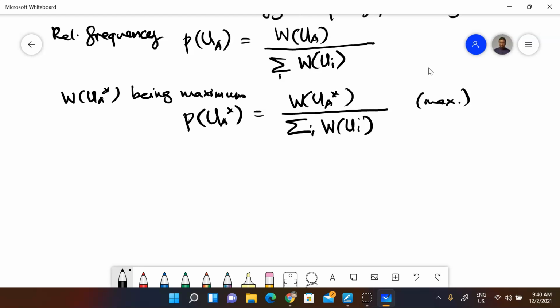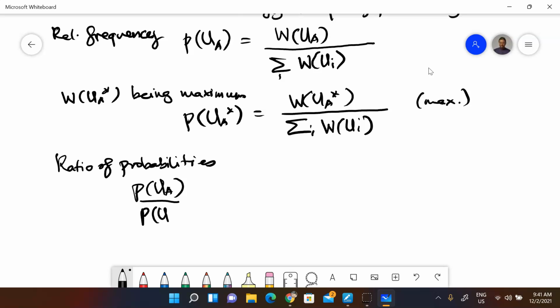So if you take the ratio of probabilities, say P(UA), which is not necessarily at the maximum entropy or the equilibrium state, divided by the probability of UA star, where it reaches the equilibrium state, then using the earlier definitions of your probability, you can see that this is a common factor because this is being summed.